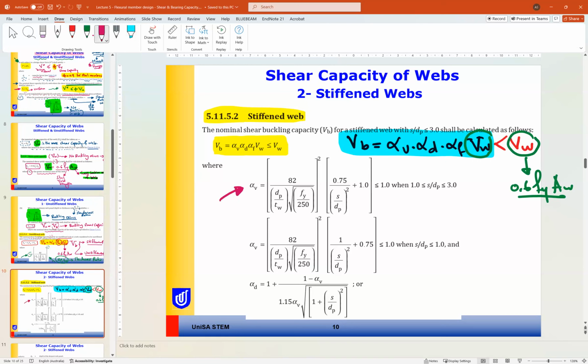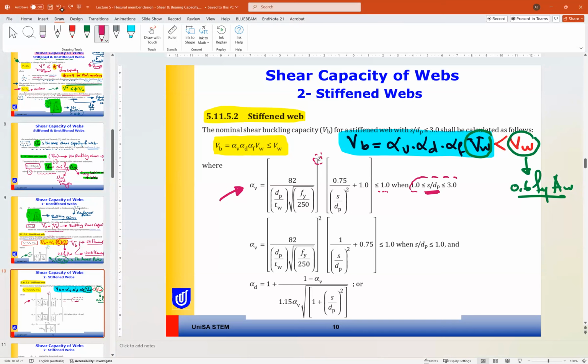Here, as you can see, the formula for alpha V is different from the one for unstiffened web. We have again 82 over dB over tw root F yield over 250, squared, multiplied by this factor, 0.75 divided by S over dB squared plus 1, and it should be less than or equal to 1, when S over dB is between 1 and 3.